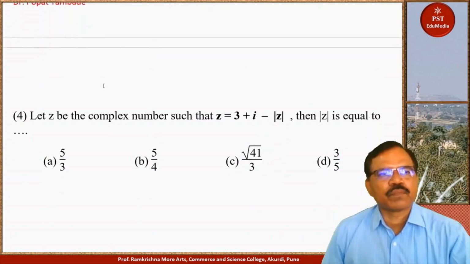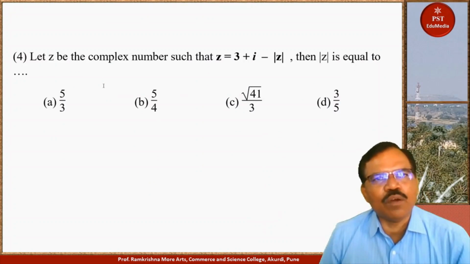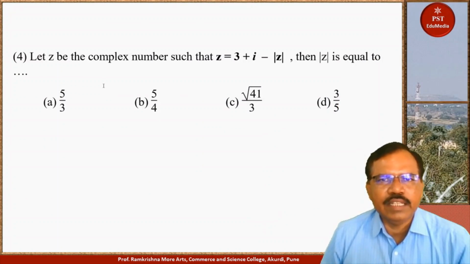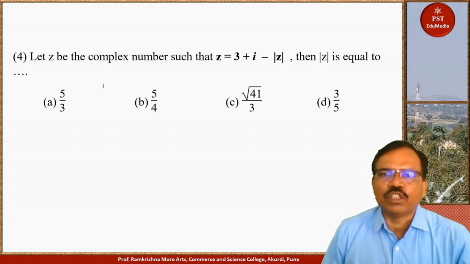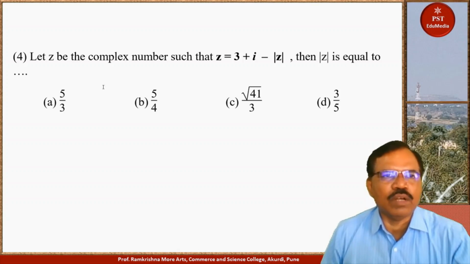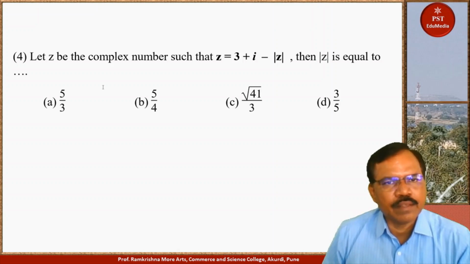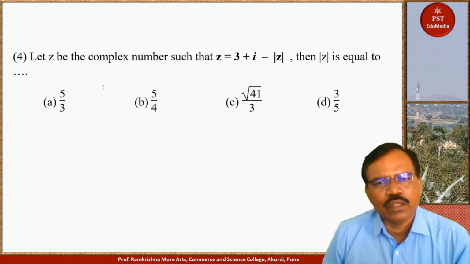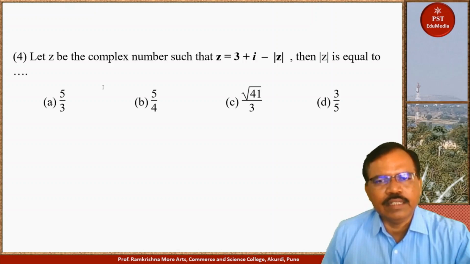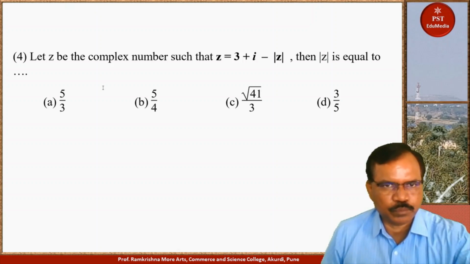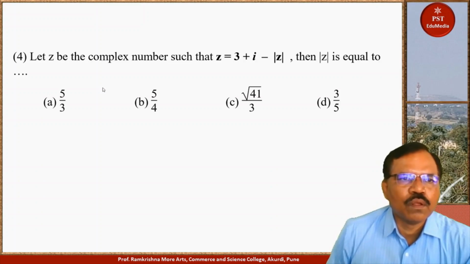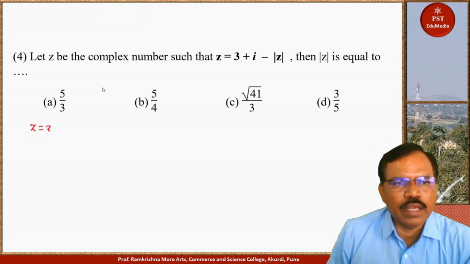Let z be the complex number such that z = 3 + i - |z|. Then |z| is equal to: A) 5/3, B) 5/4, C) root 41/3, D) 3/5. Now we take here z = x + iy.